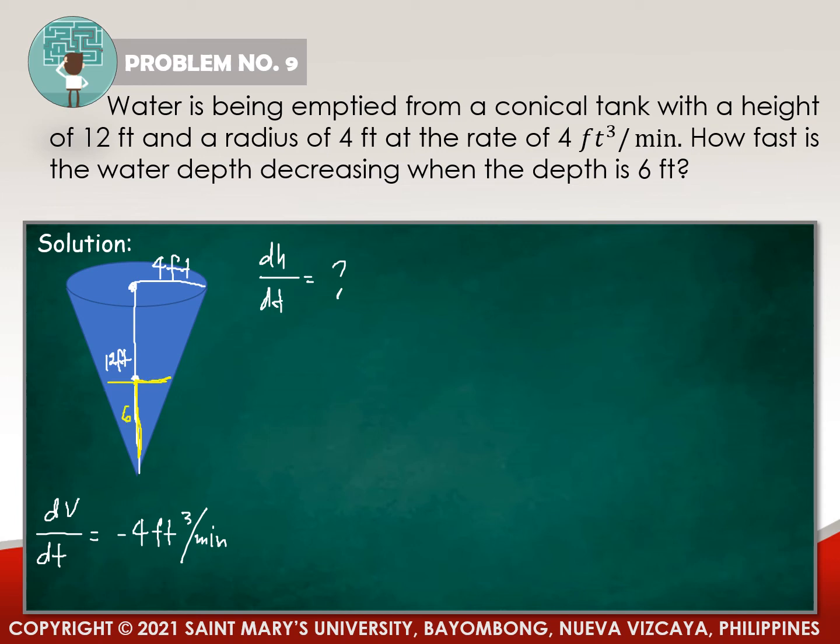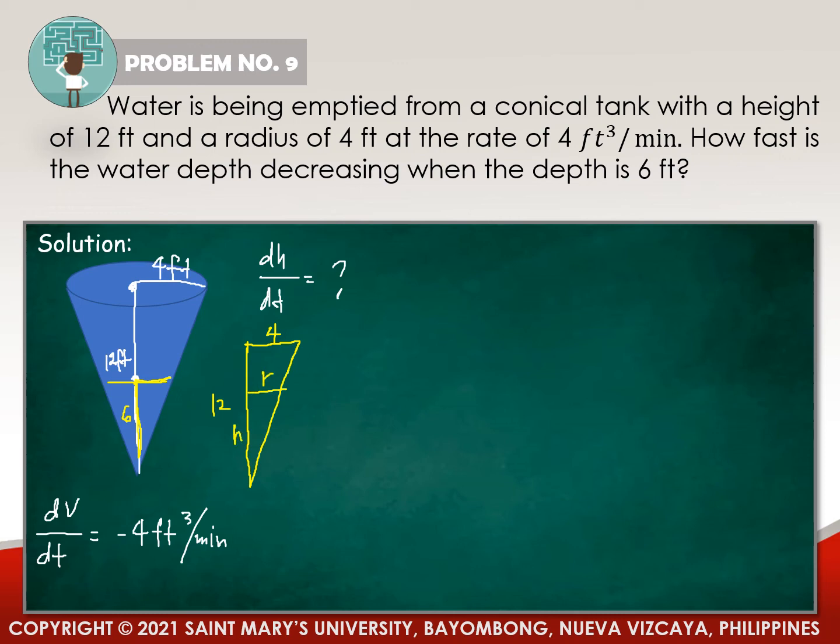Okay. So again, since there are two variables here, the height and the radius, we will express the radius in terms of height by simply using the principle of similar triangle. So yan kasi yun. So you have 4 and this is 12. Ayan, and then this is our radius, this is our height.